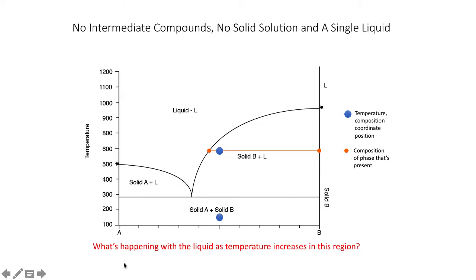Okay, what's happened with the liquid as temperature increases in this region? That's what we just talked about. Okay, temperature is increasing. As the bits of solid B that are remaining melt, the composition of the liquid is increasingly coming towards the original composition, right?